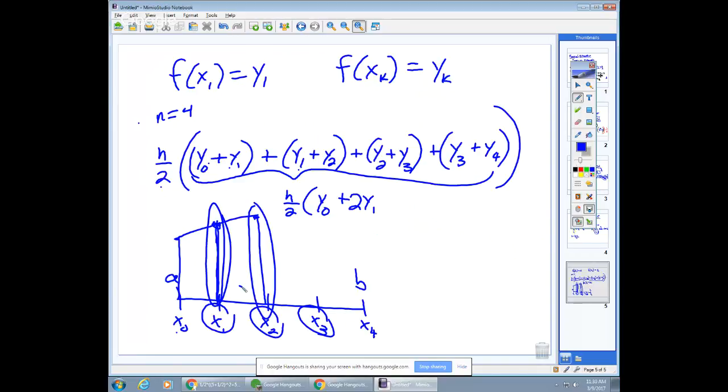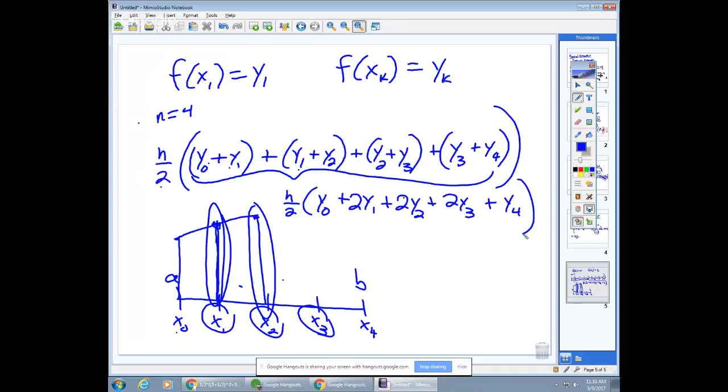I'm going to get 2 of them because it has to be used twice because it has 2 adjoining trapezoids. Similarly, there's going to be 2 y3s. So any partition that's in the middle somewhere, not on the edges, has to be used twice. But the ones on the edge only get to be used once because we ran out of trapezoids on either side.